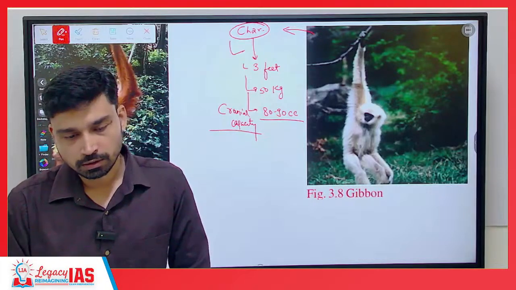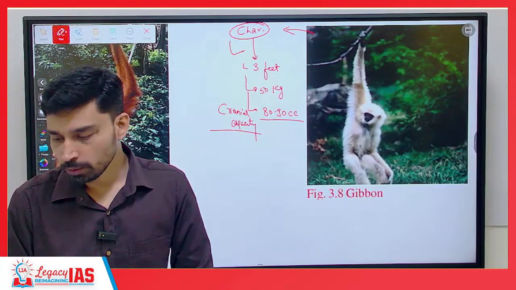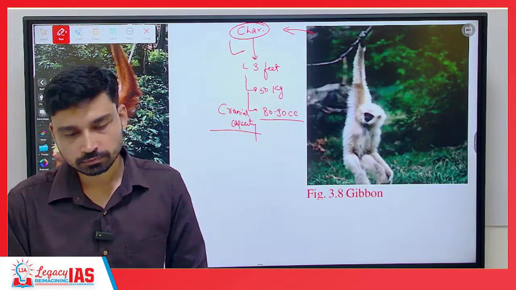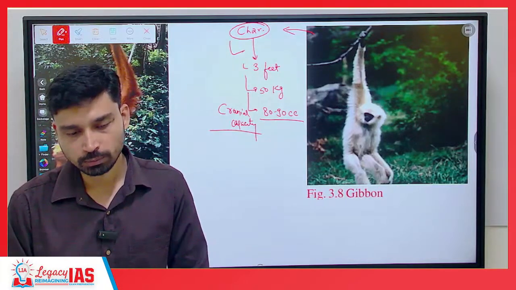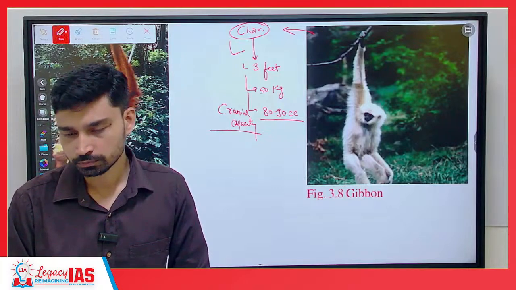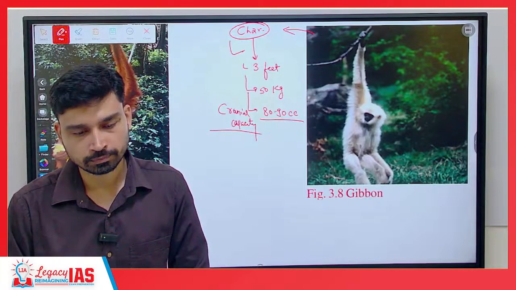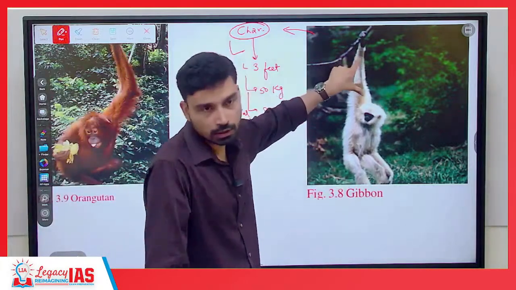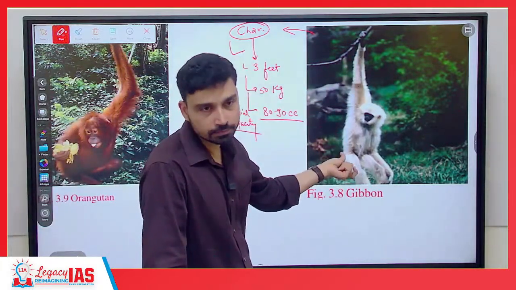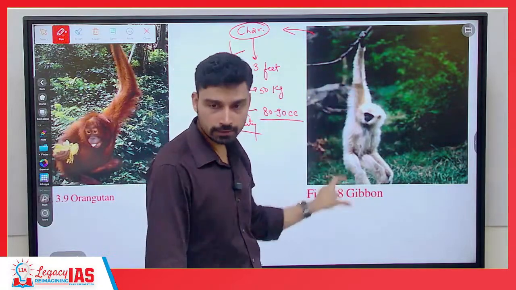Next, well developed visual power. And then if you look at the length of these forelimbs and these hind limbs, in the gibbons, forelimbs are longer than the hind limbs.